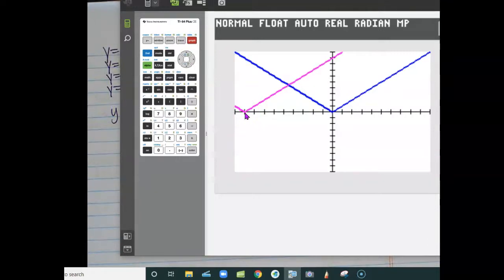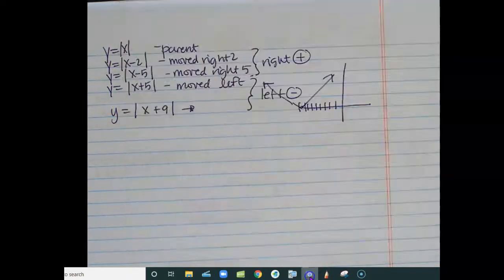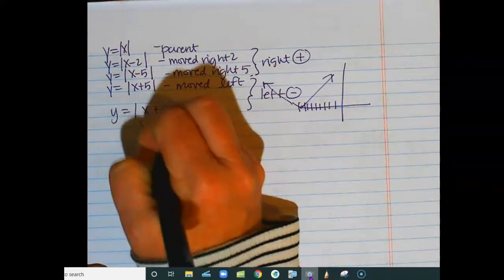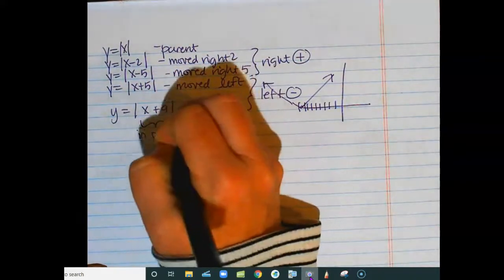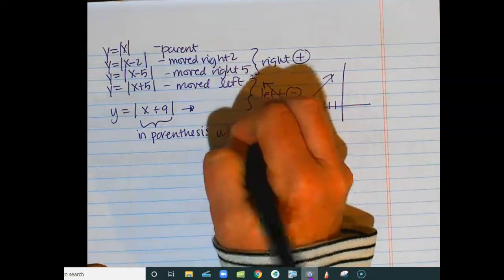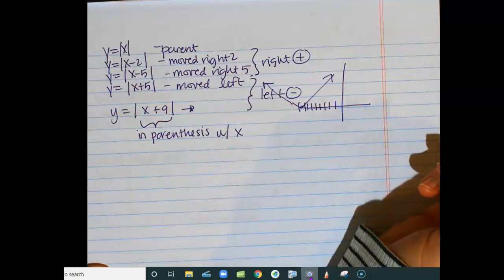So let's make a rule that goes with that. We're going to say that in the parentheses with x, I know these are absolute value, but they act like parentheses. And that w slash means with.